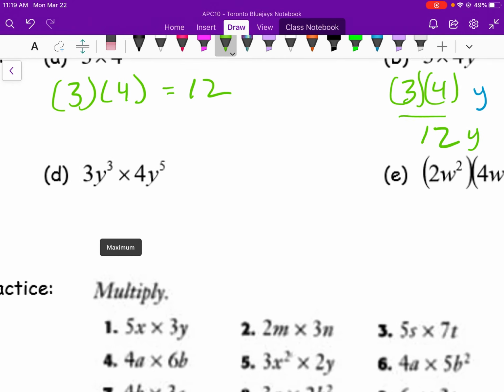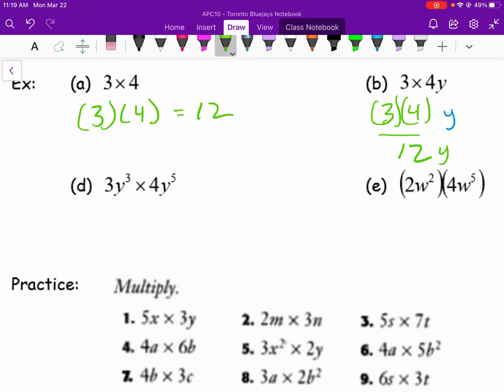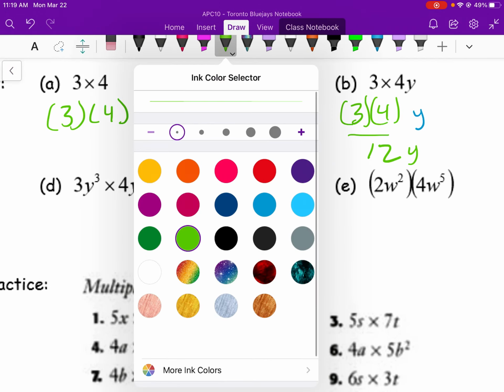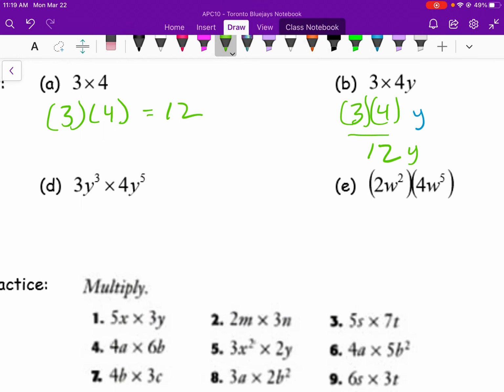So now, we're going to start earning our money here, and maybe the questions are going to be ever so slightly more difficult. So 3y cubed times 4y to the power of 5. What I'm going to do is simply reorganize this as 3 times 4 times y cubed times y to the power of 5.